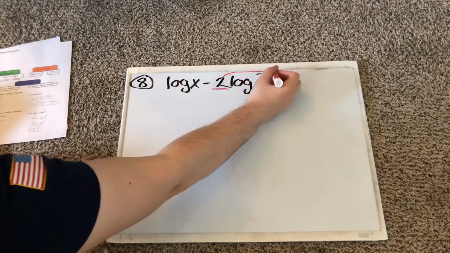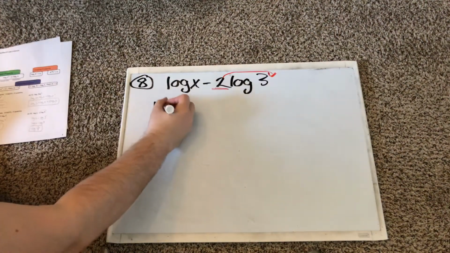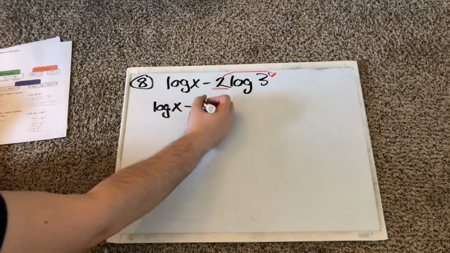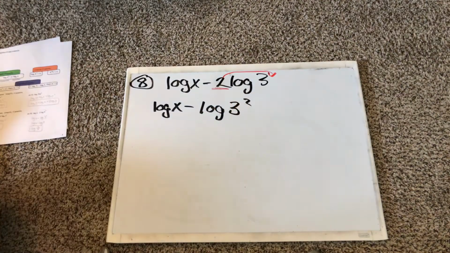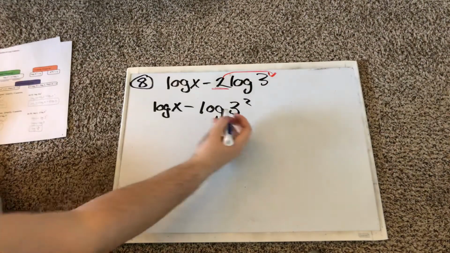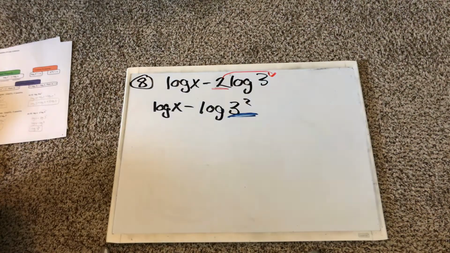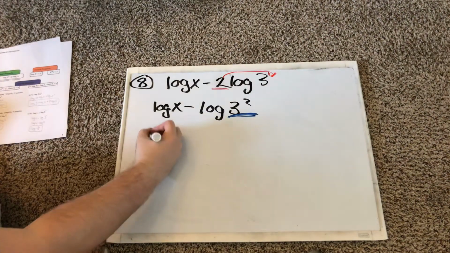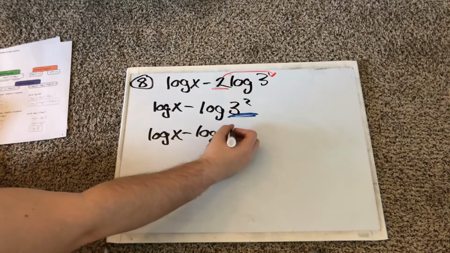So we're going to take it, move it right here as an exponent, because that is our power property. So I have log x minus log 3 squared. And you want to simplify it as much as you possibly can. I have 3 squared right here, which we know is 9. So I have log x minus log 9.